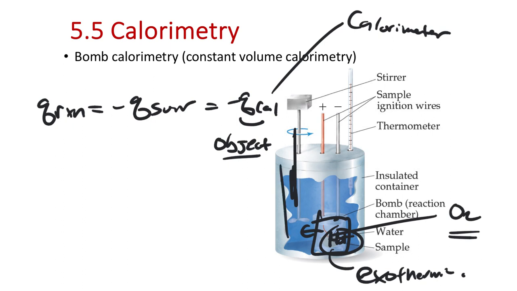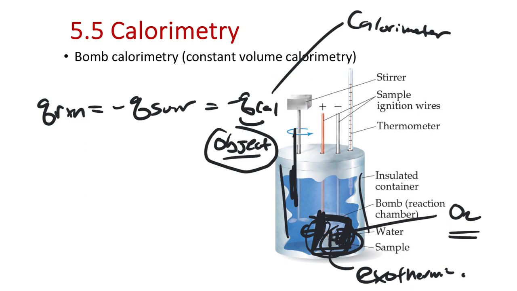We have the container itself, and how much stainless steel is absorbing heat will impact the temperature change of the water. You have the water itself, you have a stir motor, you have a thermometer, you have a lot of different things in here that are important for this type of calorimeter, not just the water itself. And so we're thinking of this calorimeter as being an object, not just one pure substance, even though it's mostly water, but there's a lot of other things other than water.